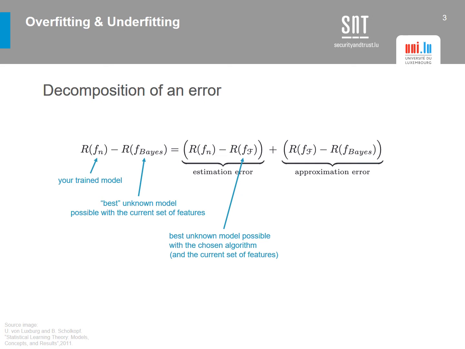Empirical risk, which is denoted by the letter R in the current equation, is just the average loss of the model computed on all the examples of the dataset. Since F-base is the best model, the empirical risk of this best model is the minimum possible that can be achieved with the features that we have. We may think that the minimum possible risk is 0, which is true in a case where a model can perfectly classify.